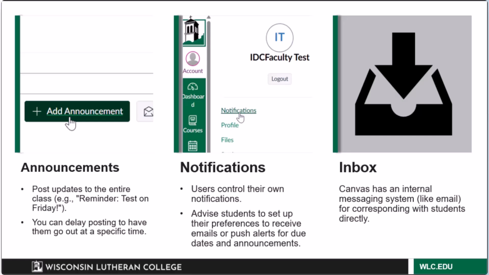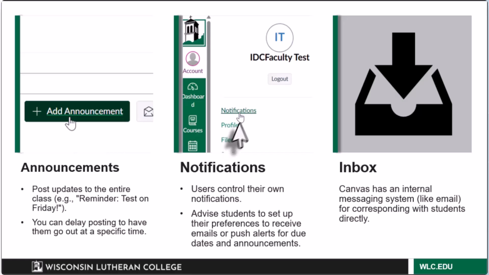Some of the things that you can use Canvas for as well, and things that I recommend using, are things like the announcements. On the left, in your course navigation, you're going to see an announcements tab, and you can create an announcement which by default gets delivered to all of the students through Canvas as well as through their email. Now, each student, including each faculty member, really controls how these notifications get delivered.